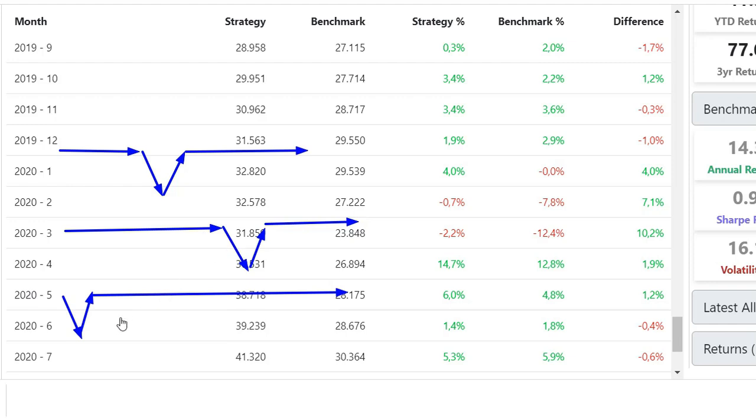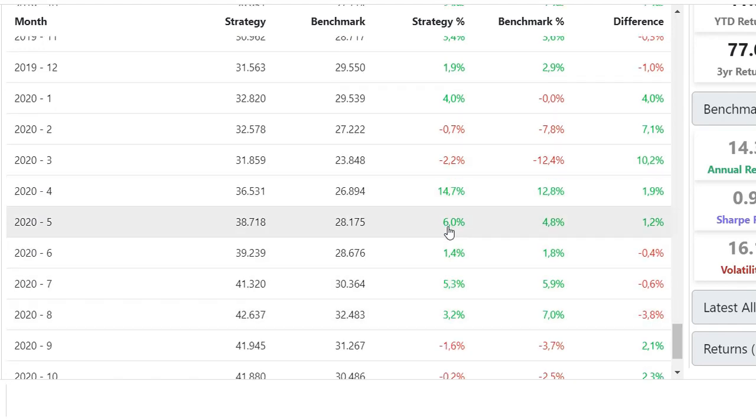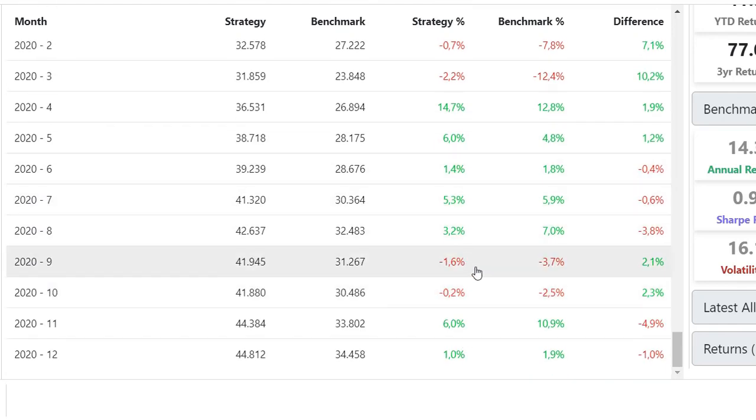So all of these drawdowns kind of equal each other out. That is at least the intention with it. So these numbers here are a bit skewed, but this is from my real ETF strategies.